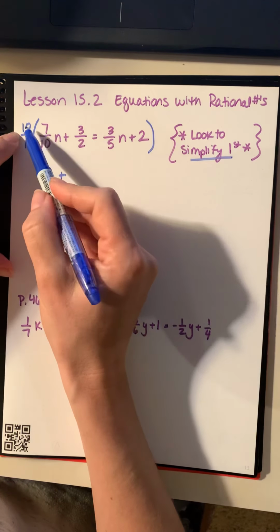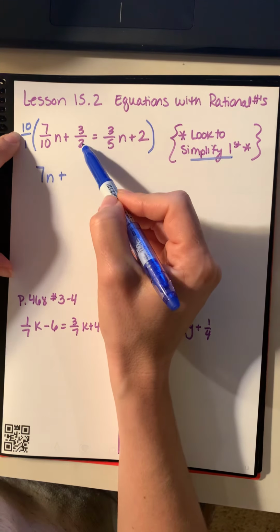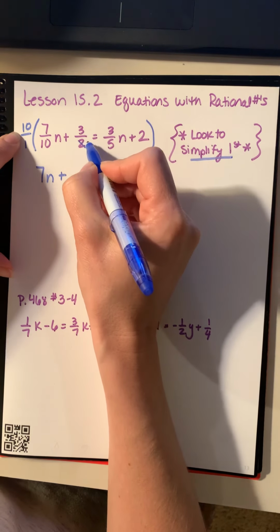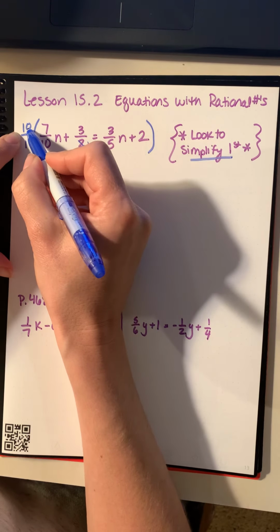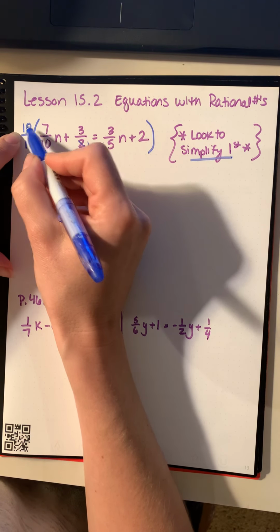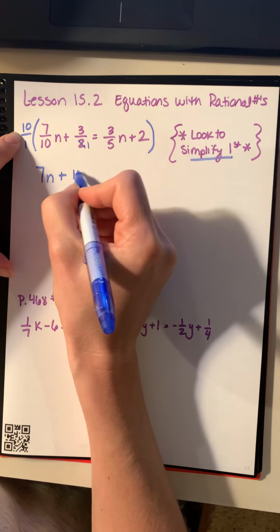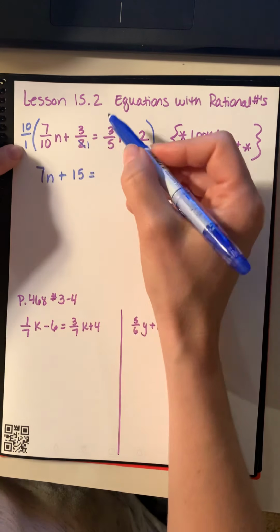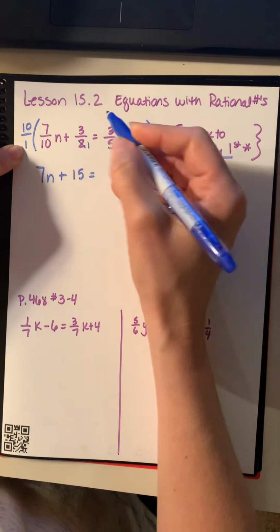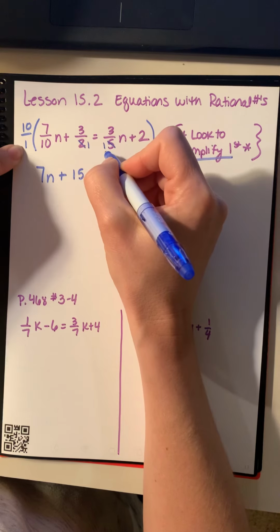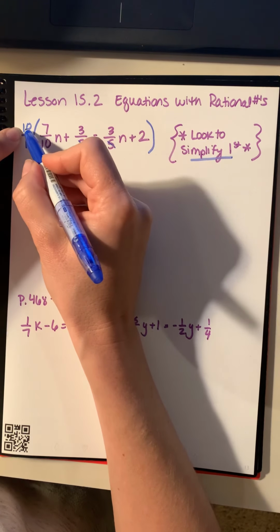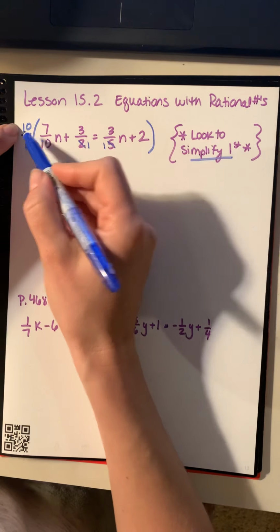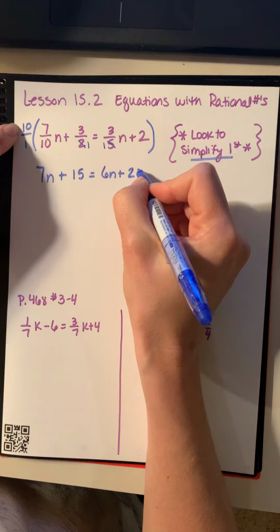Then let's look at the next one. 10 over 1 times 3 over 2, my 10 and my 2 cross cancel. 2 goes into 2 one time, 2 goes into 10 five times. 5 times 3 is 15. Let's move along. 10 over 1 times 3/5. Well, 5 goes into 5 once, 5 goes into 10 twice, and 2 times 3 is 6n. And then, of course, 10 times 2 is 20.